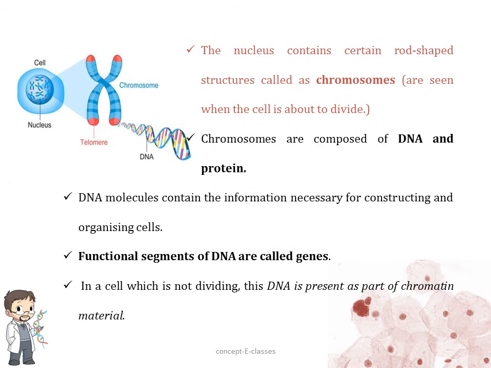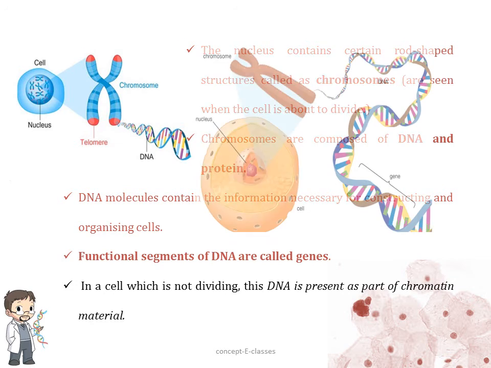The chromosomes are composed of DNA and protein. The DNA molecules contain the information which is necessary for constructing and organizing cells. That is, they provide genetic information for various cellular functions, like those required for growth or reproduction.